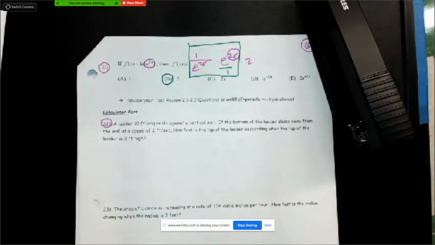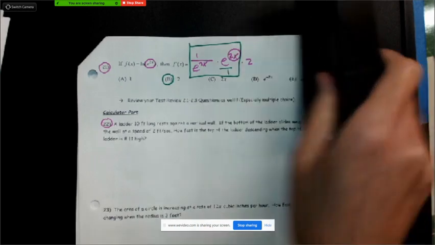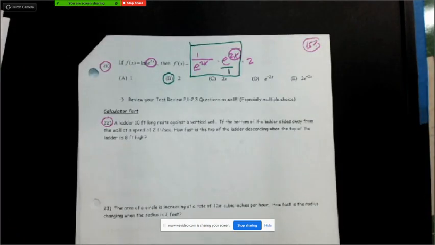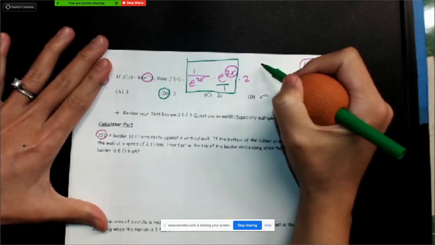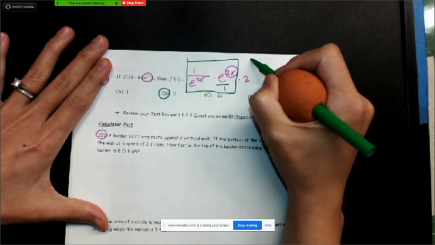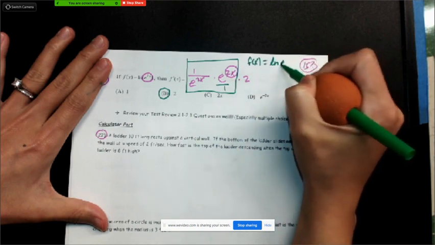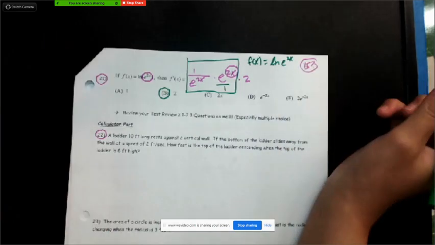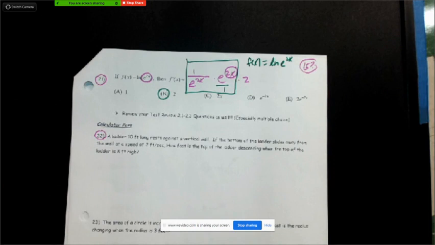Now, I'm going to use a pre-cal trick. Listen carefully. This trick, you're going to go, what? I wish I would have remembered. So write the following, guys. If you remember back in pre-cal, I'm going to write out f of x just to make it proper: natural log of e to the 2x. What is the understood base of natural log?